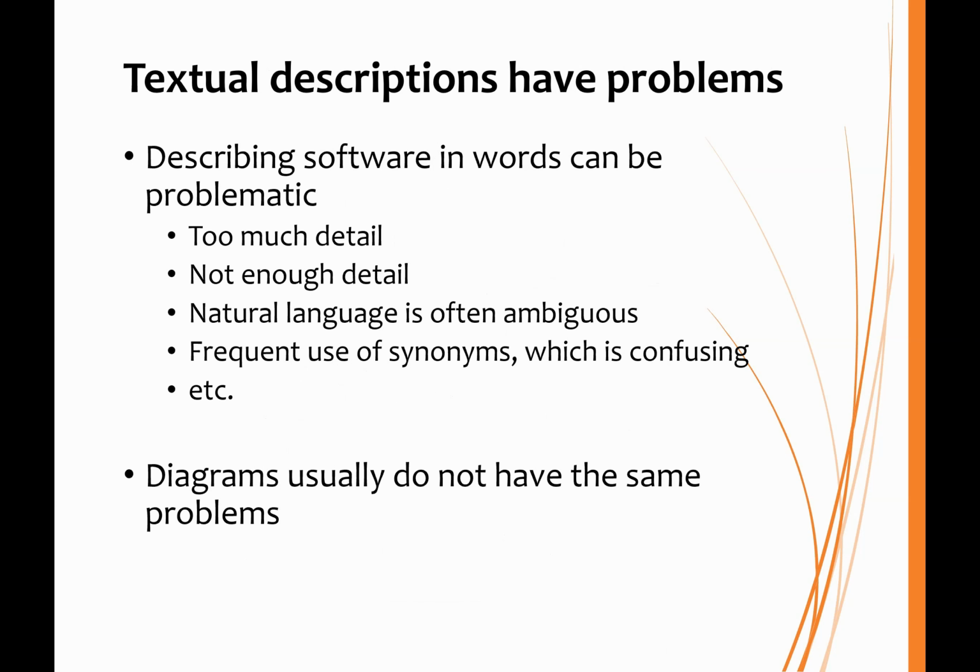When we describe software in words, we can find that there are some problems. Too much detail, not enough detail, ambiguous natural language, synonyms, which are often very confusing. Diagrams often do not have the same kind of problems.